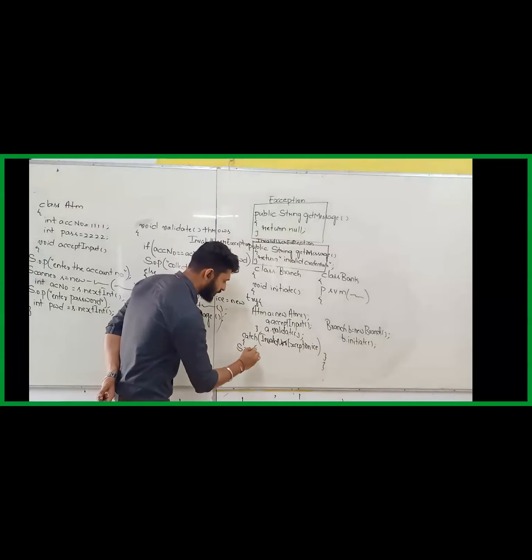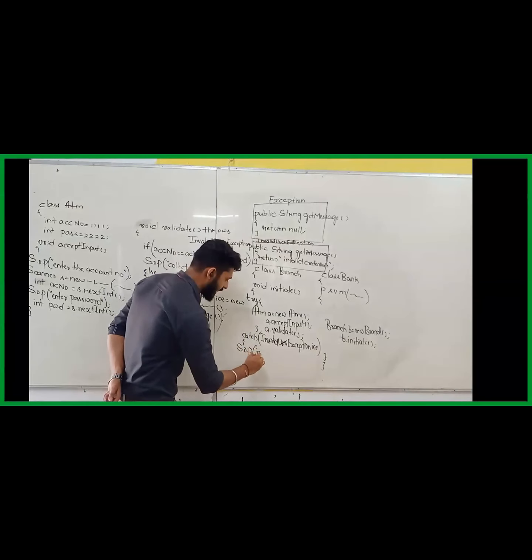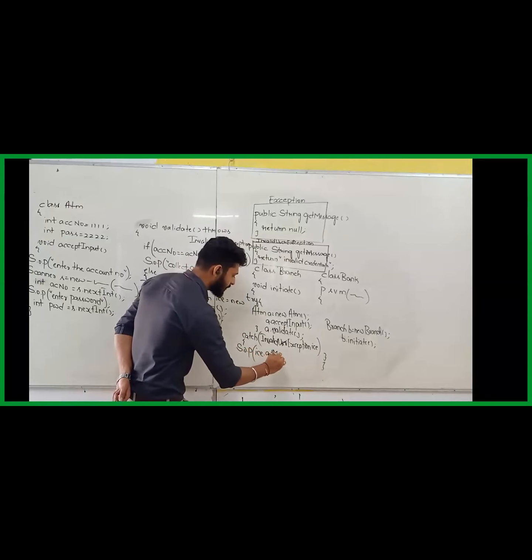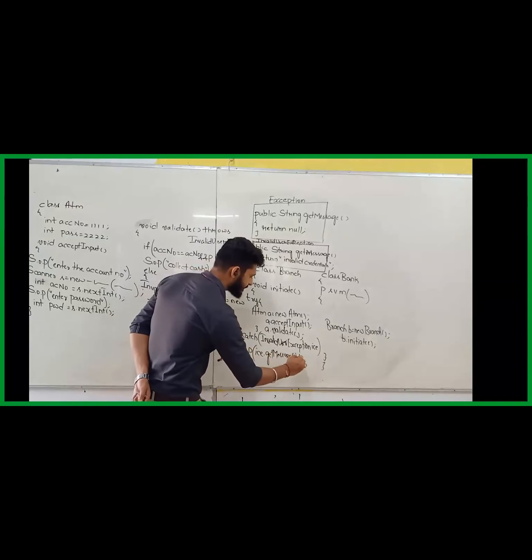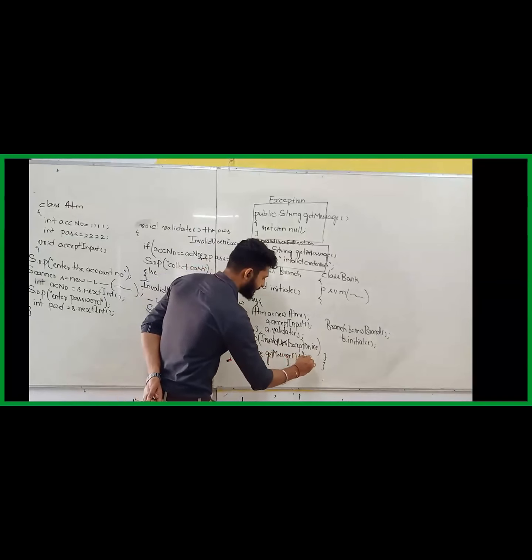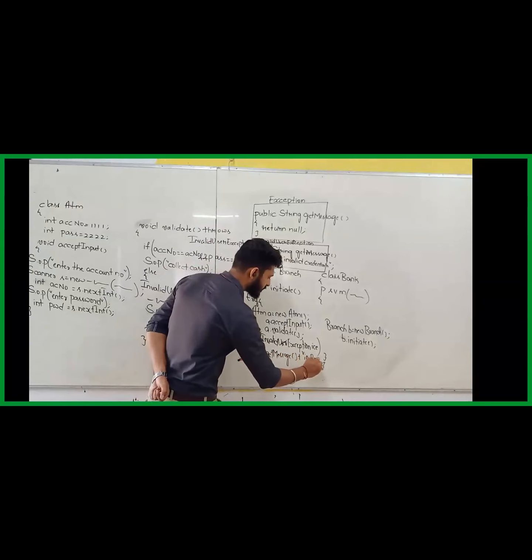However, what I will do is I'll just say ICE dot getMessage plus "in branch". Means what?